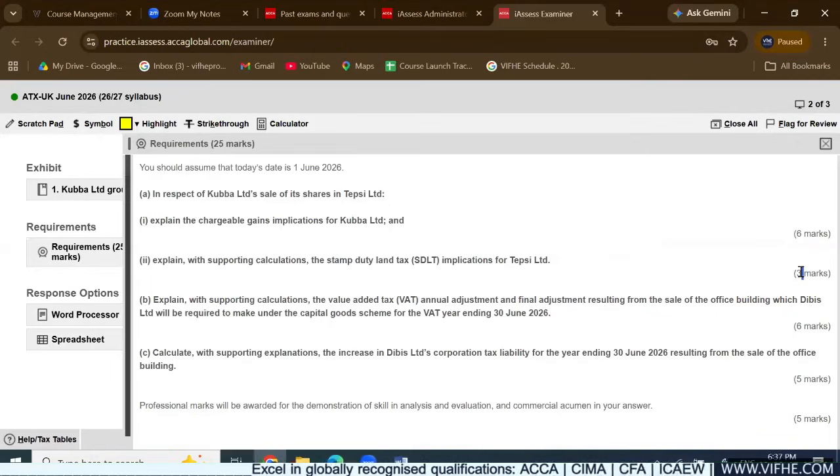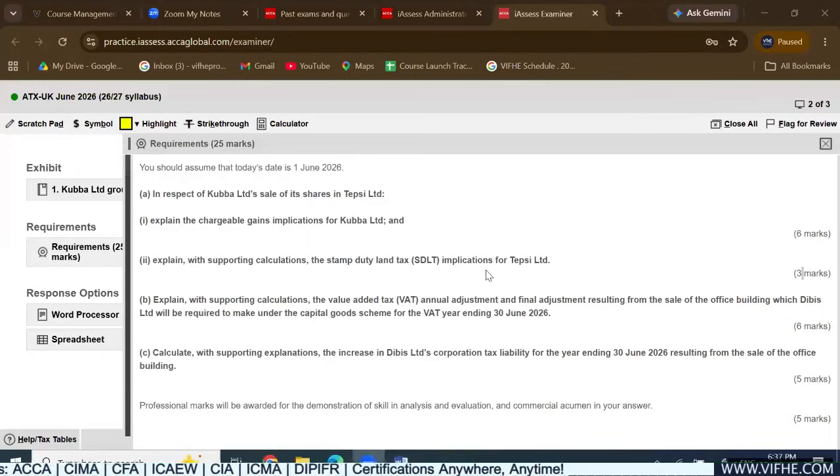Now we have to discuss the stamp duty land tax implication for Tepsi Limited. And I think the calculation is not extensive. So one may use the same Word document for producing both the explanation and doing the computation.